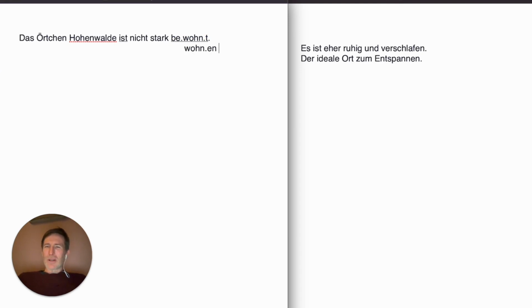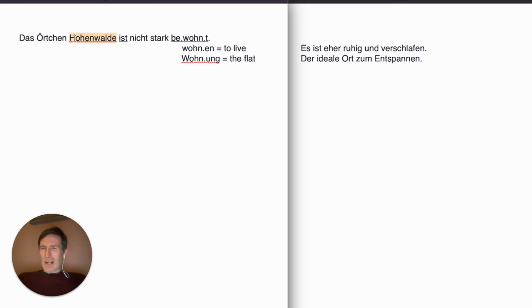Wohnen means to live, and we have the word Wohnung, which is what many people are looking for in Berlin, and that means flat, the flat. People live in a flat, so a flat is something where people live, where people reside. Bewohnt is, as I said, the be often means a direction, but it's not that easy to connect this here.